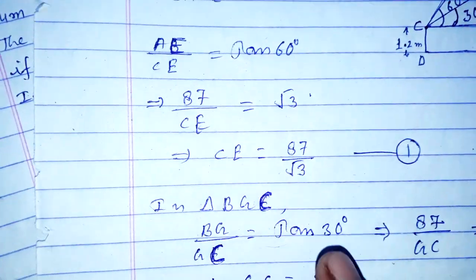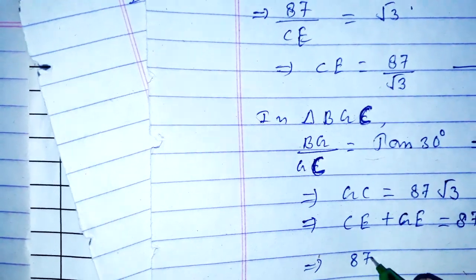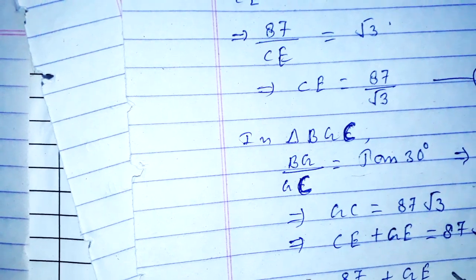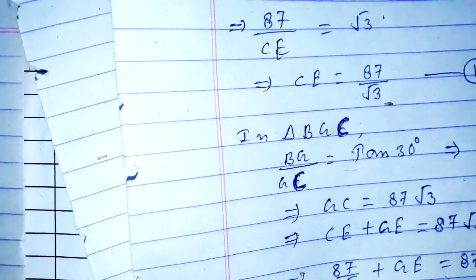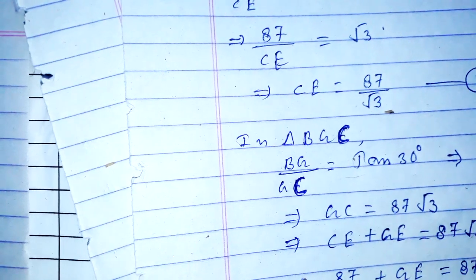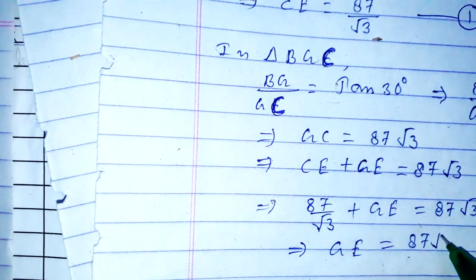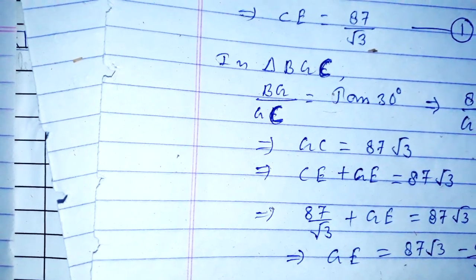Okay, 87 upon root 3. So put the value here: 87 upon root 3 plus GE is equal to 87 root 3. So GE is equal to 87 root 3 minus 87 upon root 3.